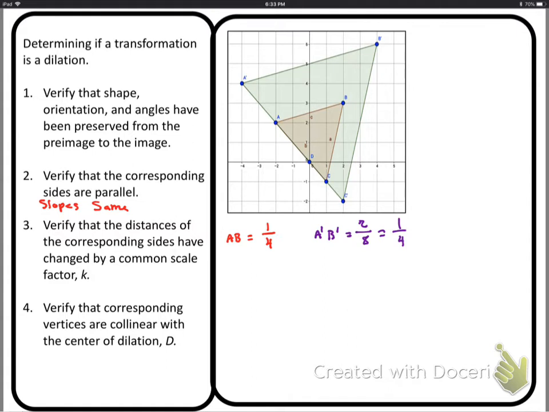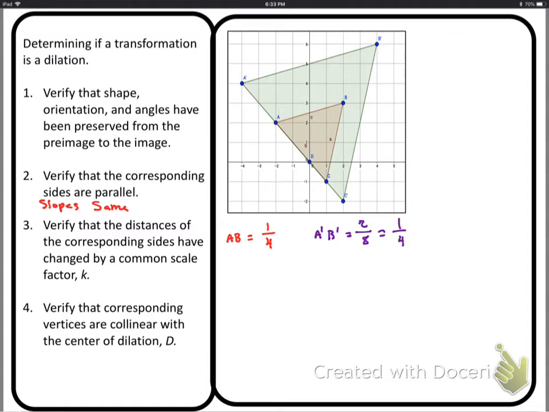So C is up 1, 2, 3, 4 over 1. From C prime, 1, 2, 3, 4, 5, 6, 7, 8 over 2, and 8 divided by 2 is 4. So those two sides are parallel. And then the third one, we can check that really quick.